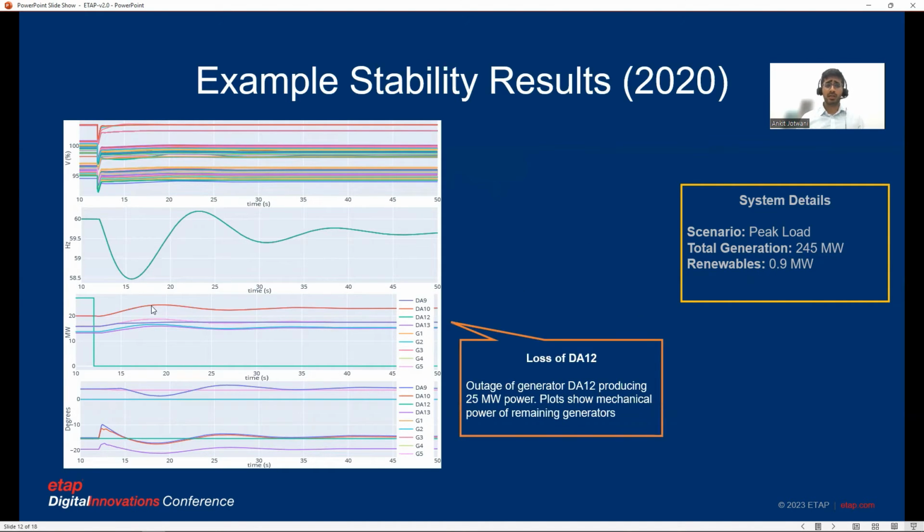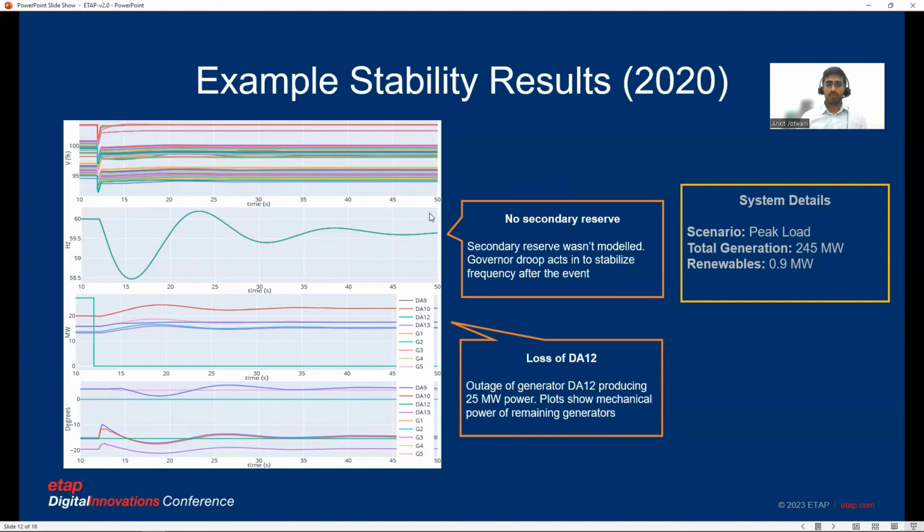The event simulated here is the loss of the largest generating unit, and this is the mechanical power of different generating units. We see that the frequency drops to a nadir of about 58.5 hertz before recovering and settling at around 59.5 hertz. This was because there was no secondary reserve in place, so the frequency didn't reach the nominal value.